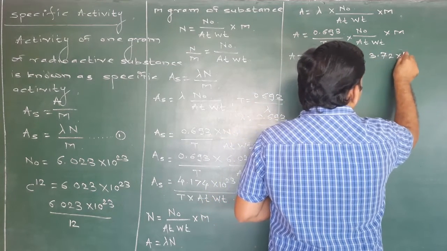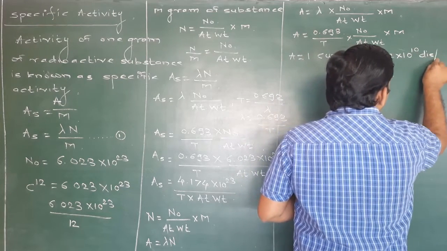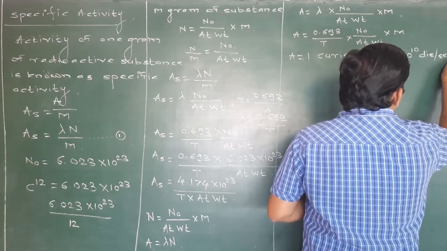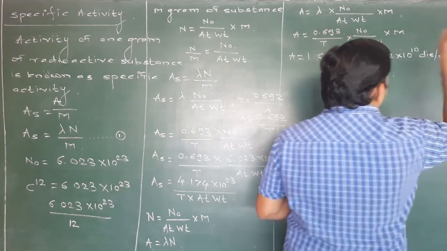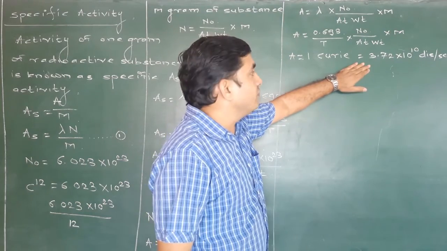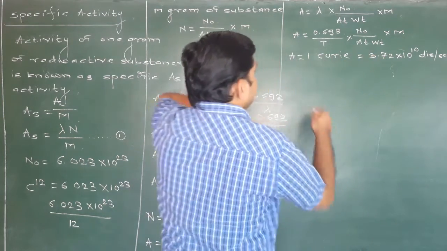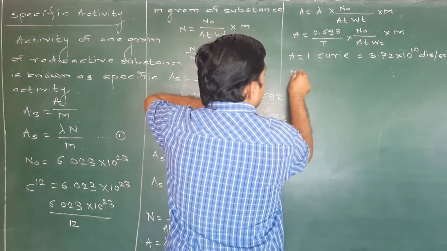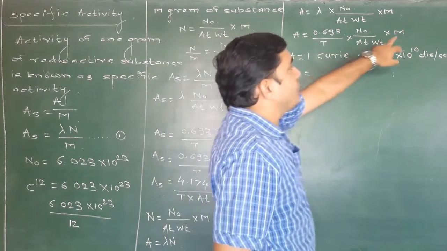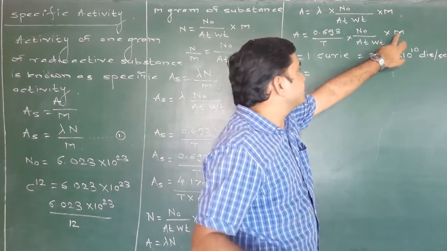This is the value of 1 curie, and therefore this can also be written as m is equal to, we have to find the mass of 1 curie of a substance.